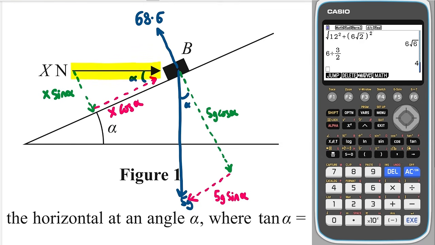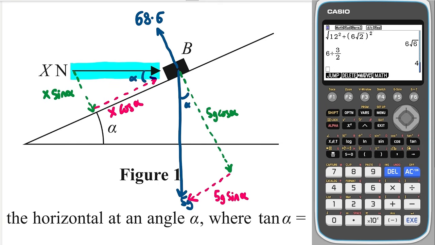Now it could be pushing really hard that the object is about to go up the slope, and if that was the case, friction would be acting down the slope, stopping it from doing that. Or it could be acting quite softly on this object, only just holding it, only just stopping it slipping down the slope. And in that case, friction will be acting in the other direction because friction always opposes motion.